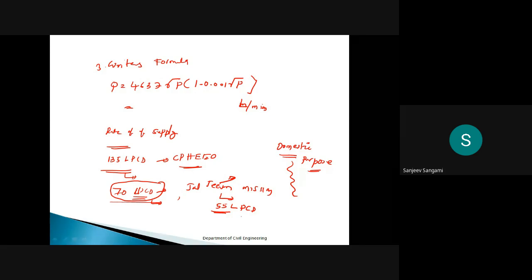And last priority, the fire demand calculation, which 100% or most of the time they will ask. Then some very important questions: rate of variation of demand, how the variation is going to happen, plot the curve, and explain the different population forecasting methods. That is also one important question they may ask.